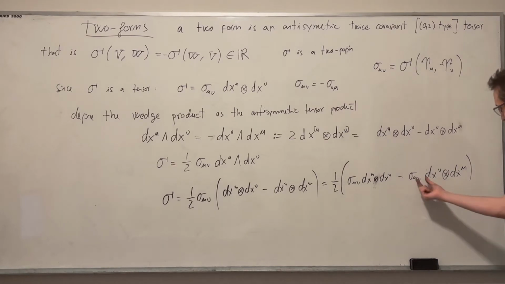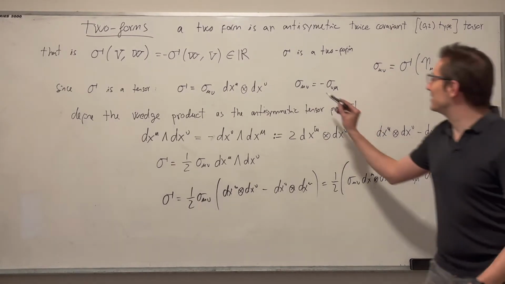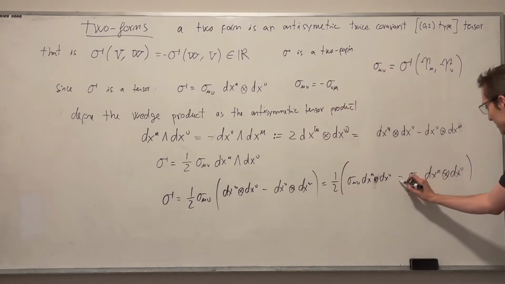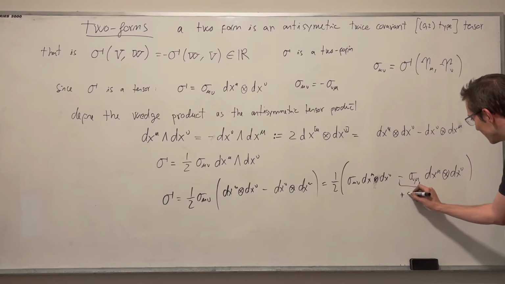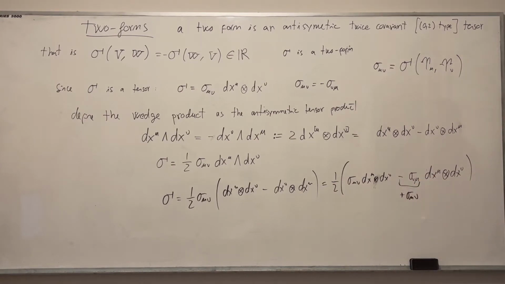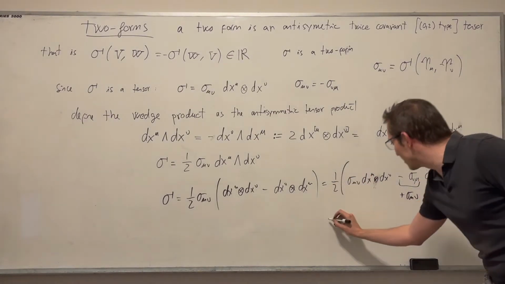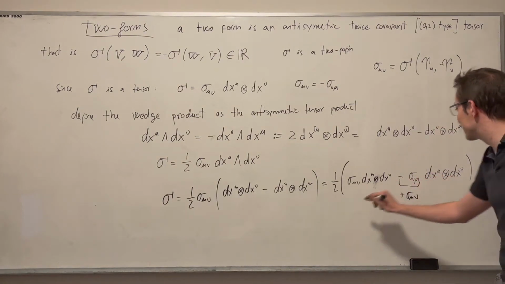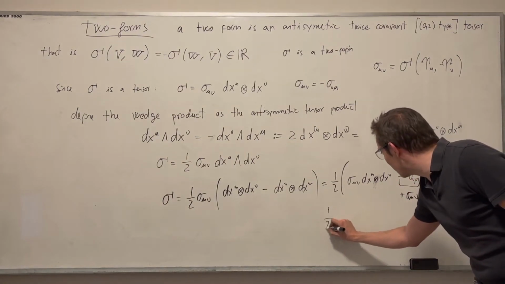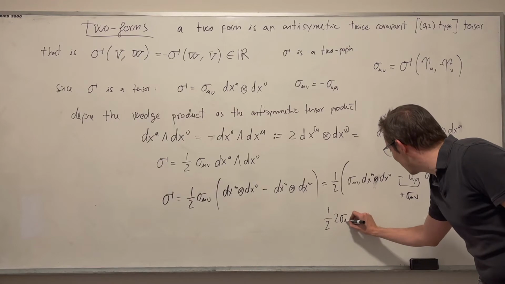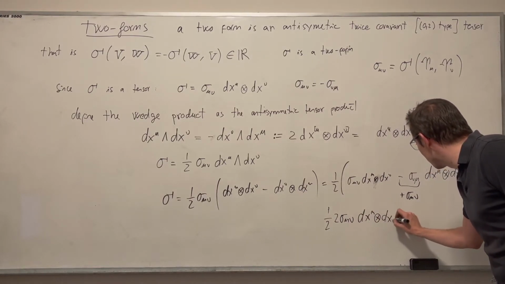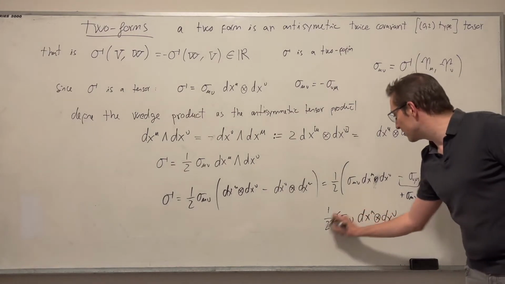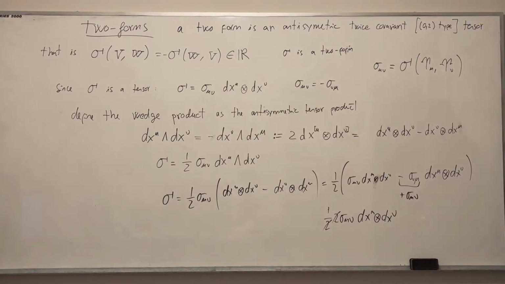So I swap them here like that, and then I use the fact that it's an antisymmetric tensor, so this is plus sigma_{mu nu}. With that, I take the common factor and I get twice, so I get 1/2 of twice sigma_{mu nu} dx^mu tensor dx^nu, which is of course the original expression that we had.